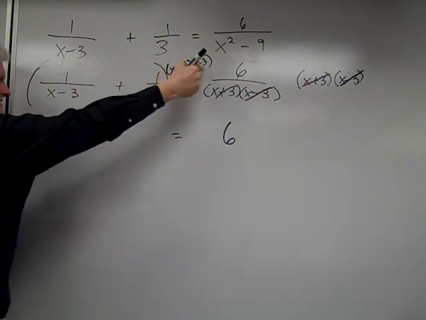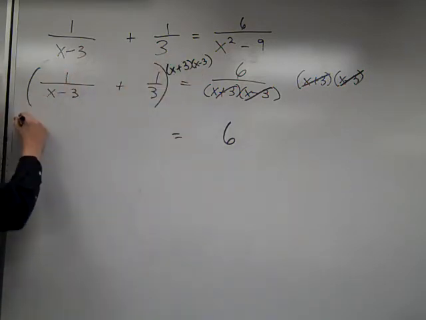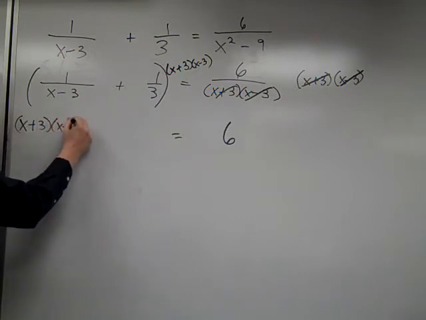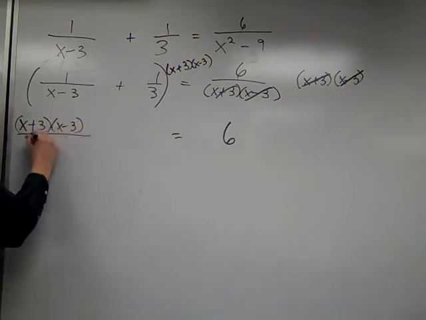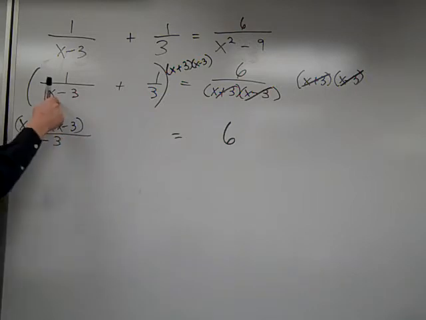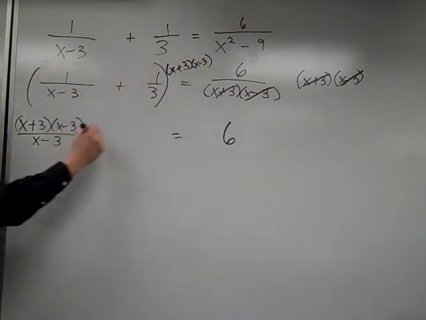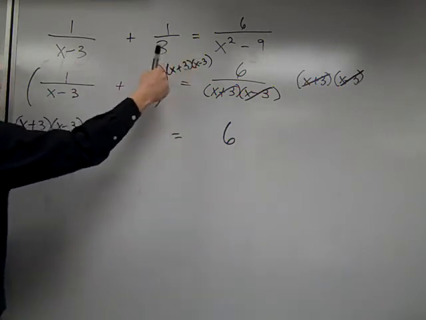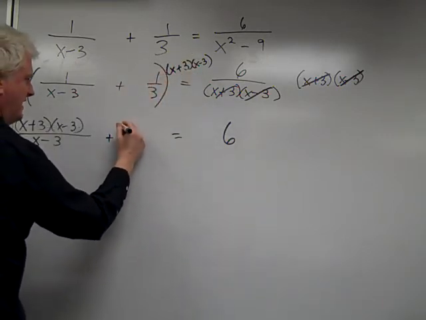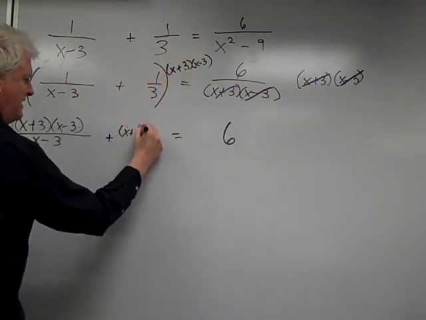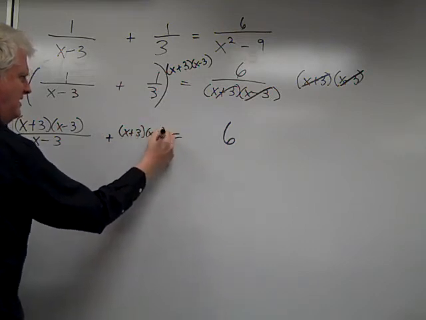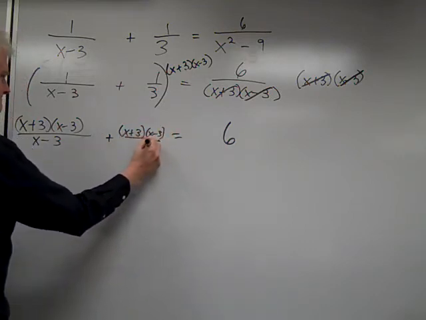So x plus 3 times x minus 3 times 1 is just x plus 3 times x minus 3. The denominator of this first fraction becomes x minus 3. So that's this product times this. Now we have to go this product times this. This just becomes x plus 3 times x minus 3 over 3.